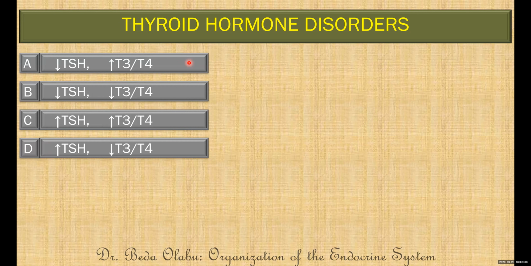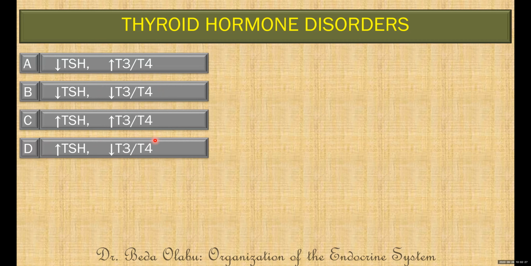So having said so, we will expect this one to be hyperthyroidism and also this one to be hyperthyroidism. Then we'll expect B and D to be hypothyroidism. I hope you've understood that.